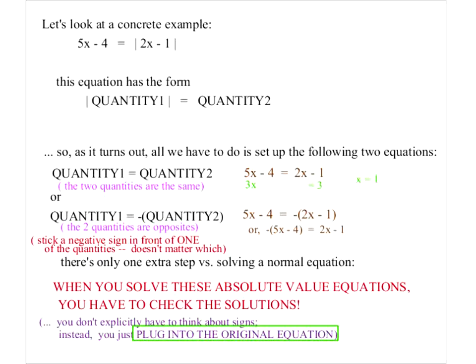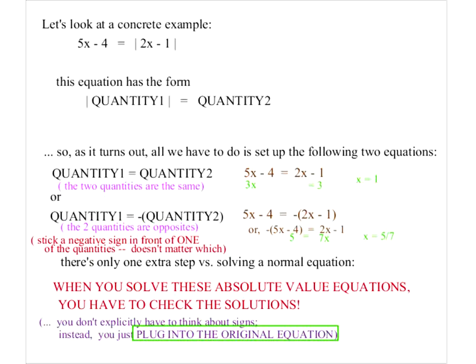So x would equal 1. This one, if you solve, it's going to be the same thing. So this is going to be 7x after you add that 5x over there. This is already positive 4, so after you add the 1, it's 5. And so it turns out that x is 5/7.